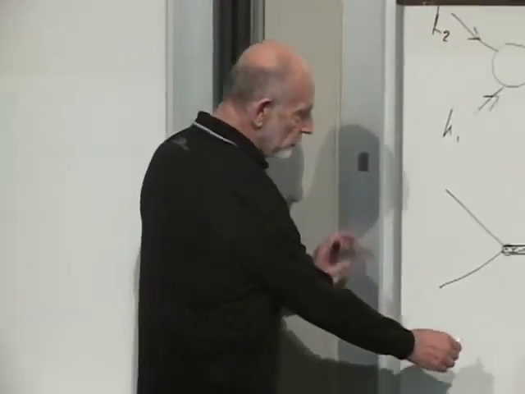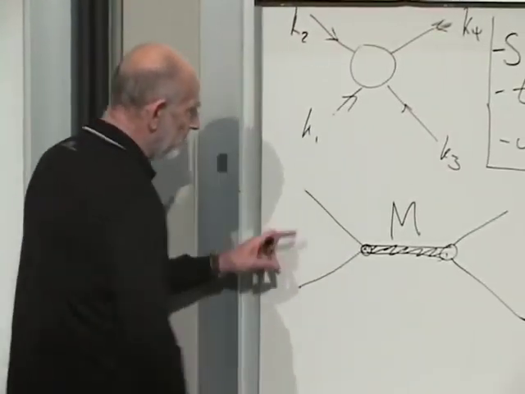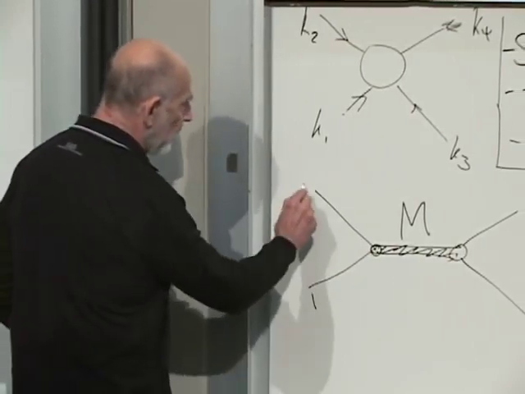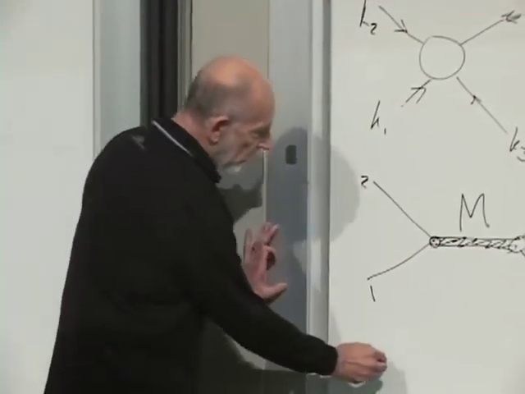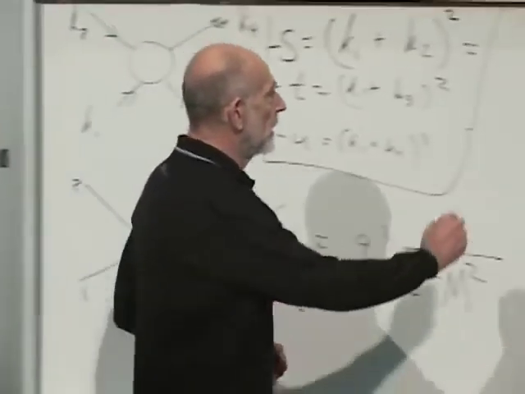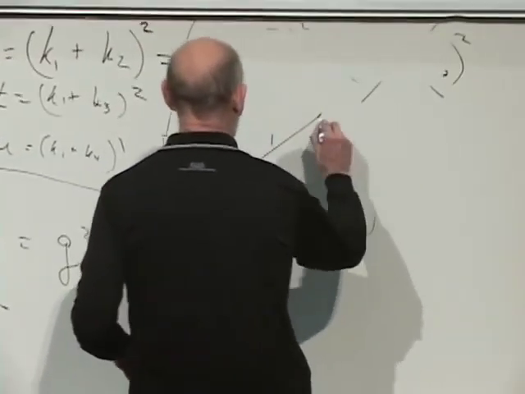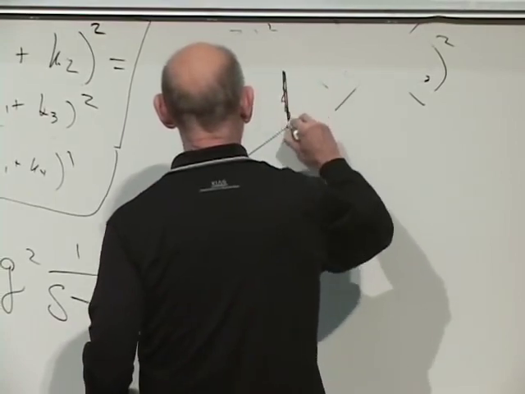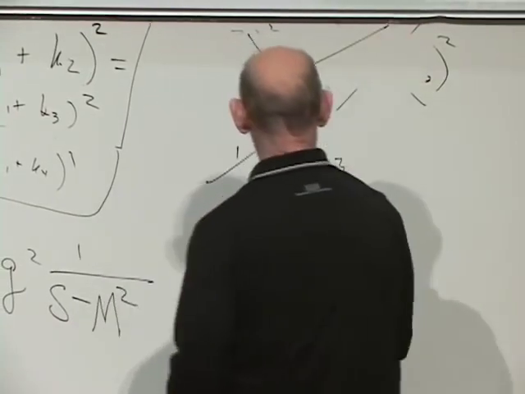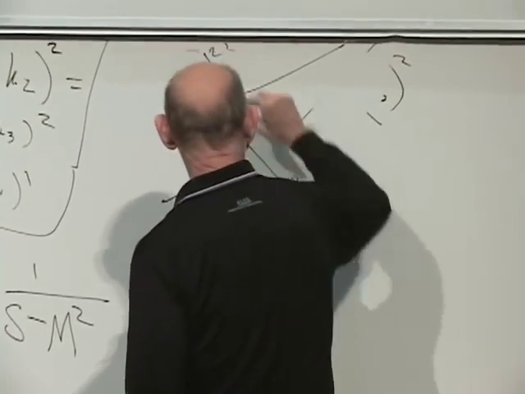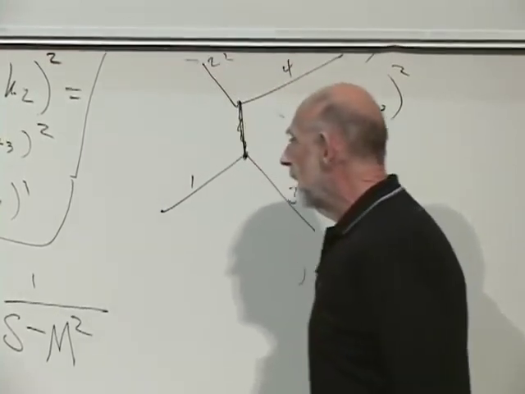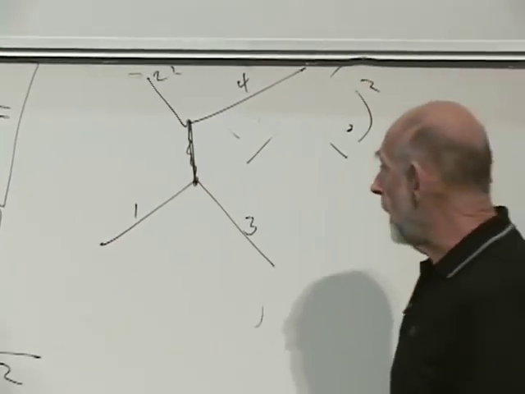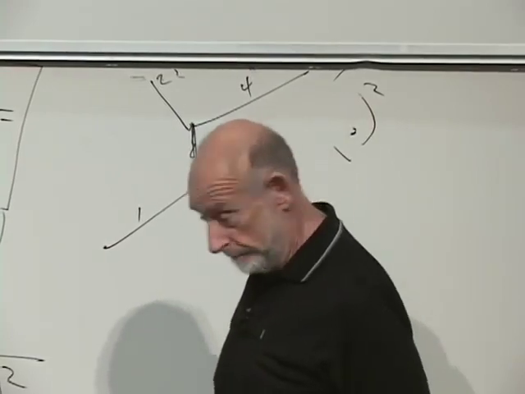You want one that depends on the other variable, you draw a similar diagram, except in which instead of 1 and 2 merging, you have, I'll draw it over here, 1 and 3 merging. One, two, three, 4. It looks like exactly the same diagram, except turned on its side.